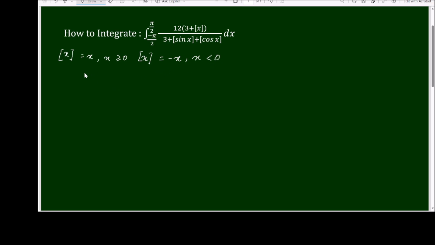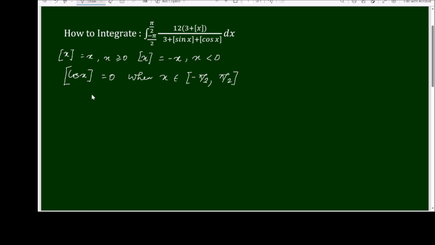Now coming to cos x. The greatest integer function of cos x is always 0 when x belongs to minus pi by 2 to pi by 2.